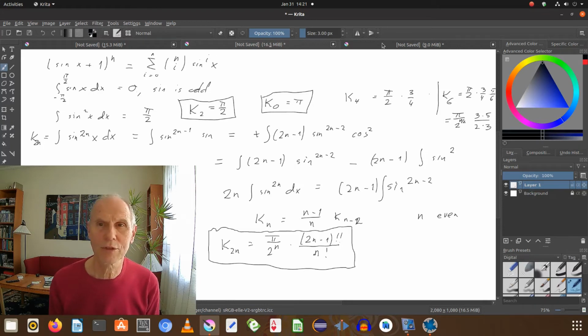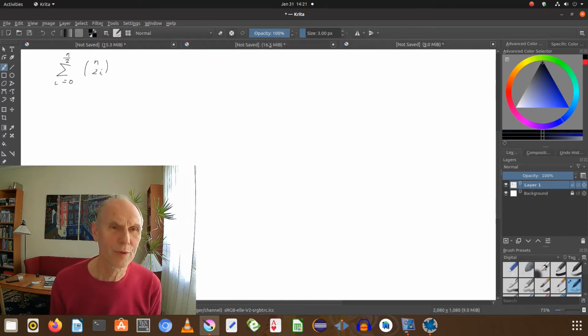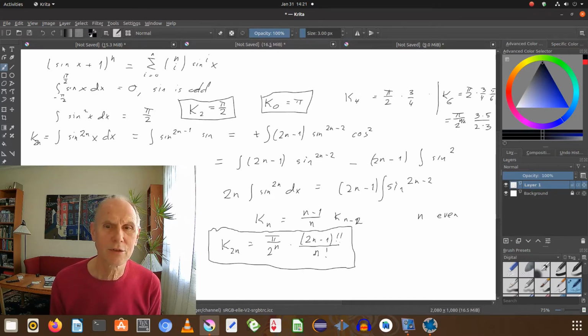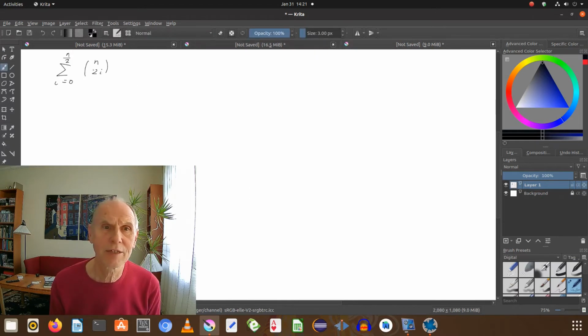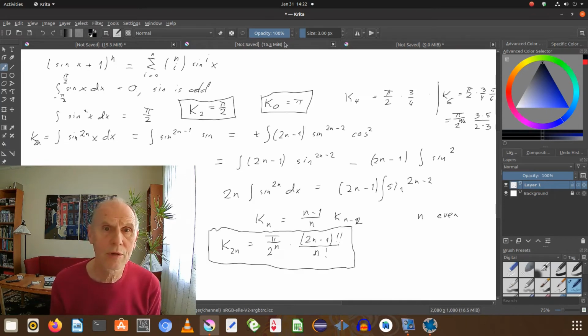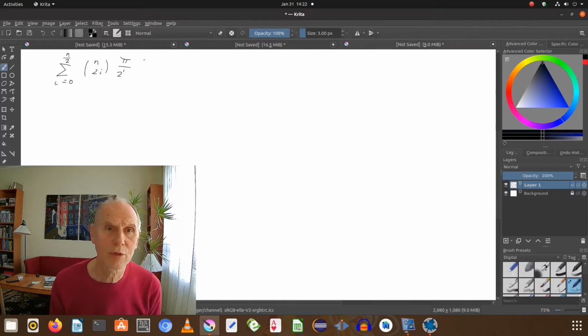Now that was nonsense. N over 2i, and then sine to 2i, so that's the guy down here with I instead of n, pi divided by 2 to the ith, to I minus 1 divided by I, the factorial of I.